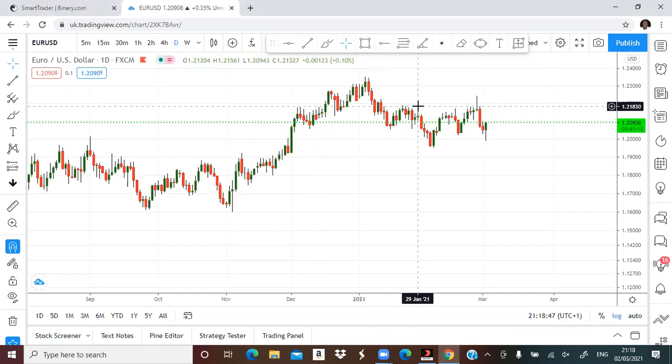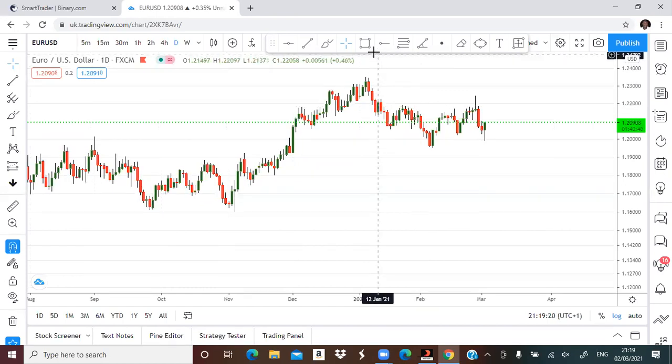Hitting the ceiling doesn't mean that you cannot break it, but it takes a very powerful force for you to break through that ceiling. So support and resistance is nothing more than price touching a particular zone repeatedly all the time. So let me show you how resistance looks like and how support looks like.